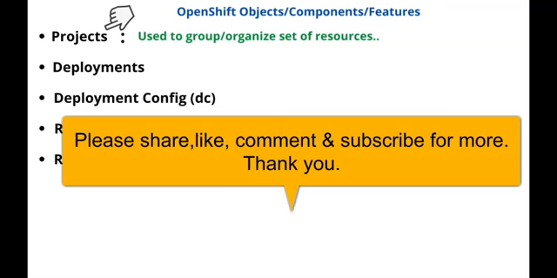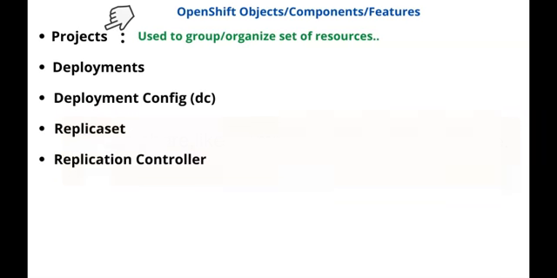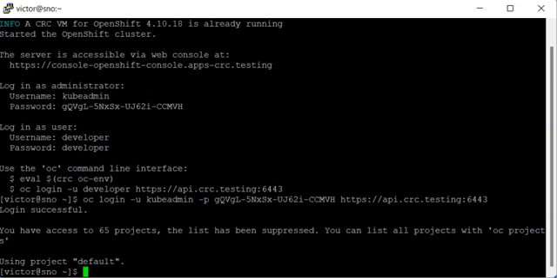So I'll be using namespace and project interchangeably. And I'll also be dropping the link to my Kubernetes course in the description section below if you're interested in it. To see all the projects available on this cluster, you can use the command oc projects.